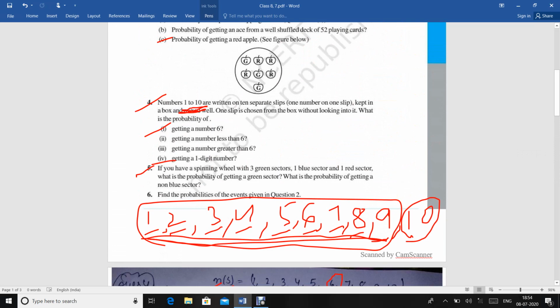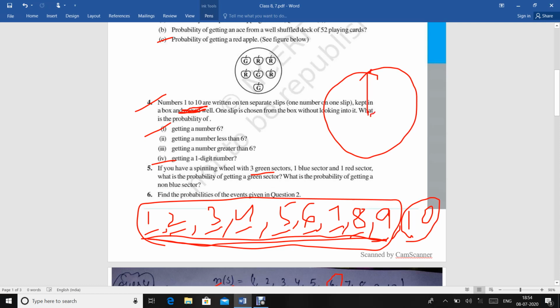Question number 5 is saying, if you have a spinning wheel with 3 green sectors, 1 blue sector and 1 red sector. See, you have a wheel and in this wheel you have 3 green sectors.